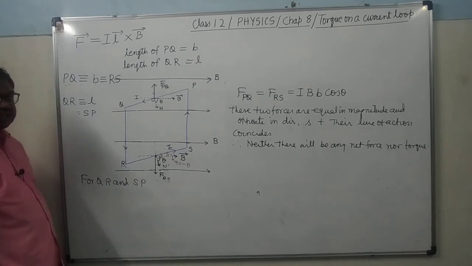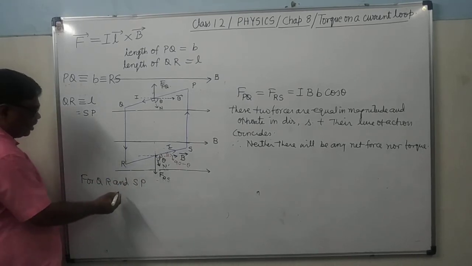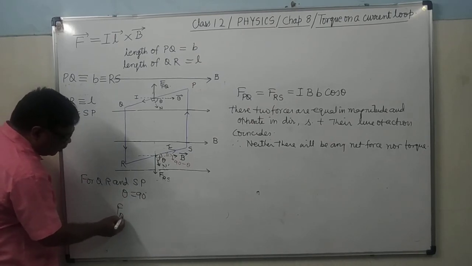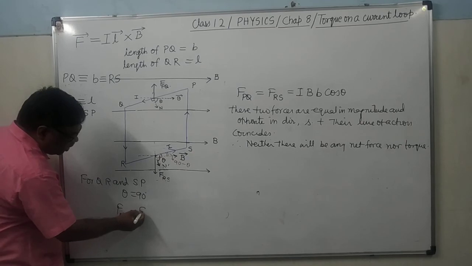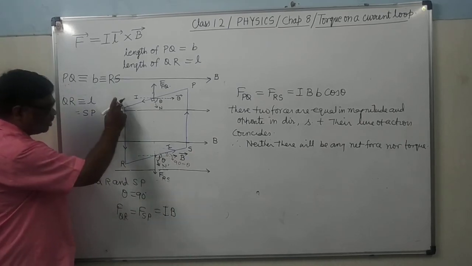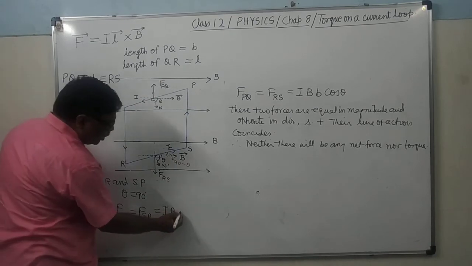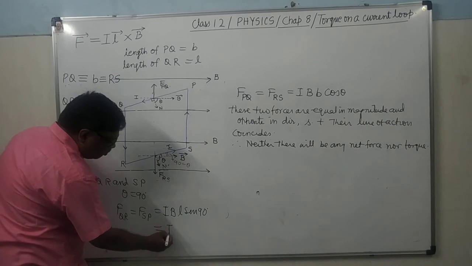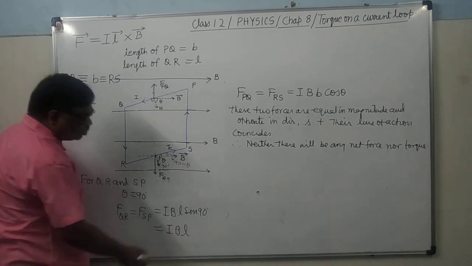For these current segments of the current loop, theta equals 90 degrees. Therefore, when you calculate the force, it will come out as I into B into L into sine 90, that is equal to IBL. This much force will act.